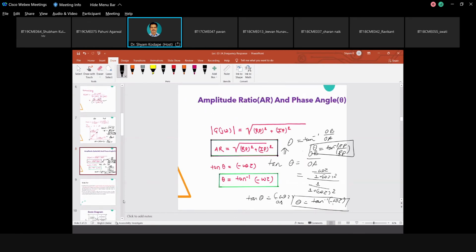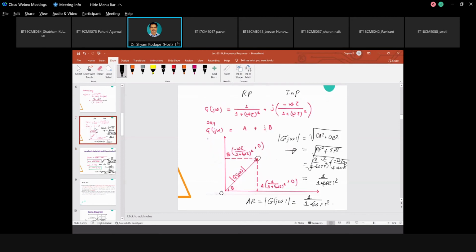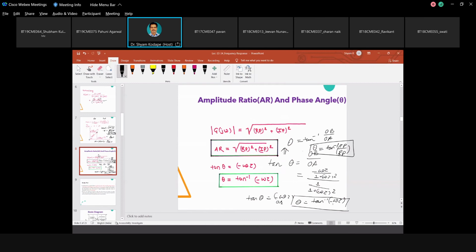Which two equations? Since the amplitude ratio is a function of omega, AR is equal to the under root of the sum of the squares of the real and imaginary parts. This is just a representation, with the help of complex algebra, of the characteristics which we have observed in the sinusoidal expressions, for a sinusoidal input change.